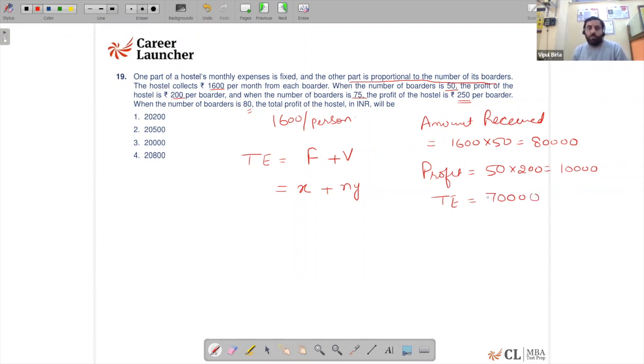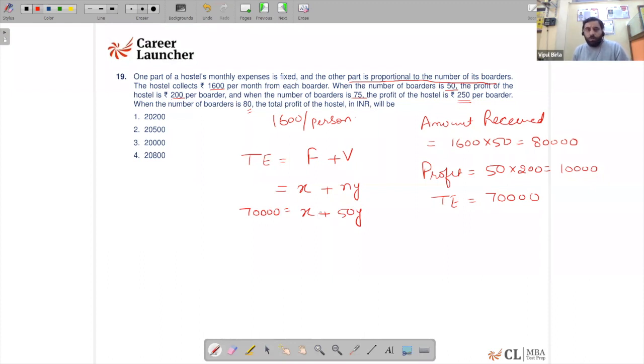So the total expense will be 70,000. We can also calculate using this. Out of 1600, they mentioned that 200 per boarder is profit. So 1400 is the total cost per person into 50, which is 70,000. So we can write it as 70,000 is the total cost, which is equal to fixed cost plus N, which is 50 in this case, into Y.